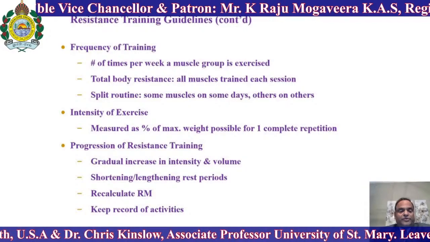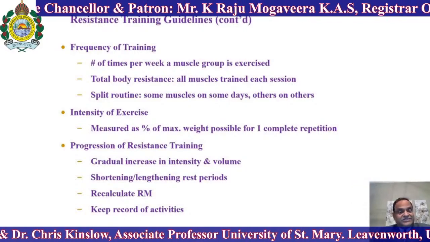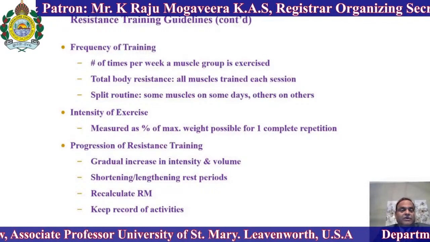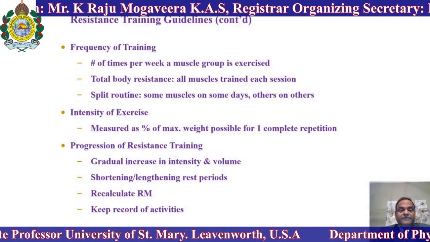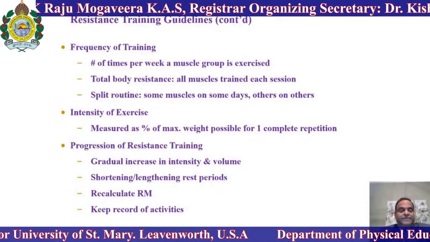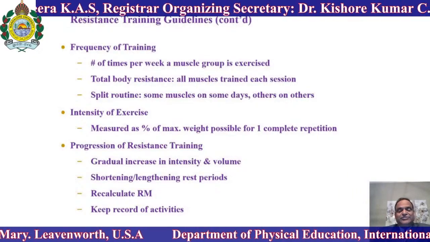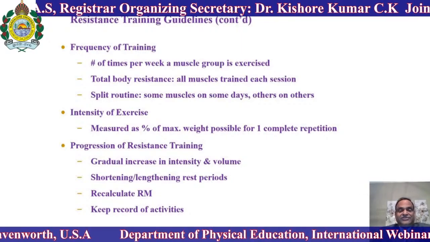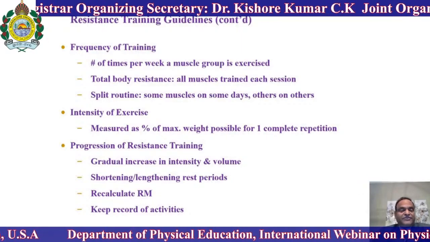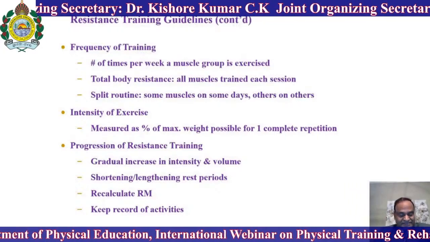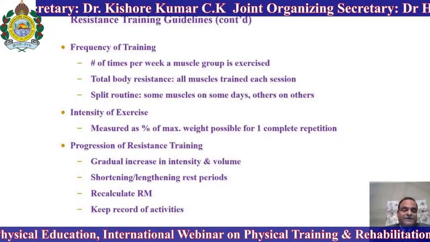And also whether you are going to do total body resistance, where all muscles are trained in each session, or you can have a split routine depending upon the upper body or lower body, right side, left side if you want to, or the extensors or flexors on some other days. You can do alternate days of exercises for different groups of muscles.